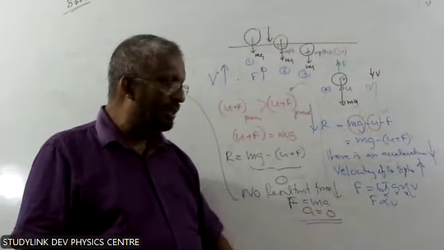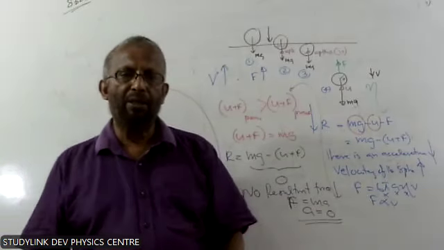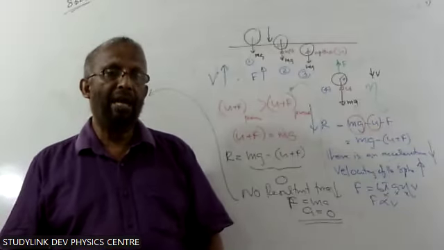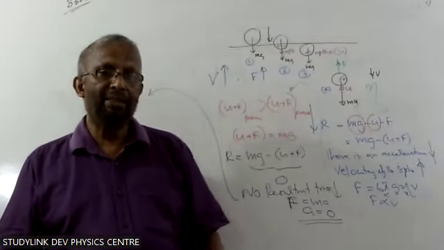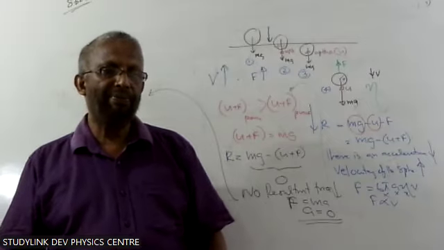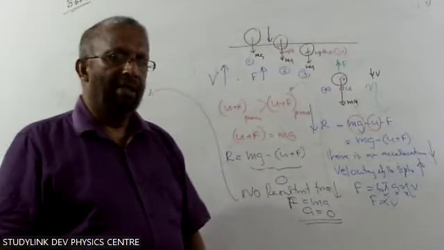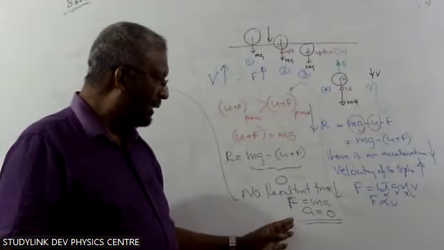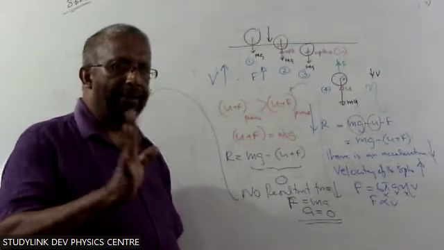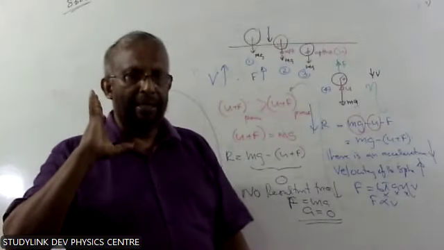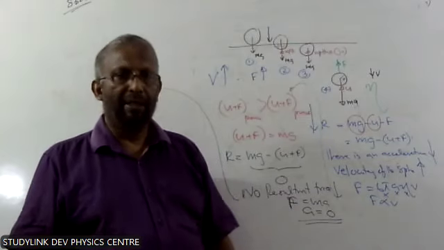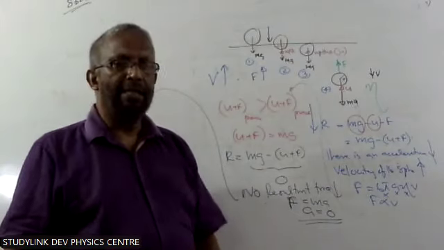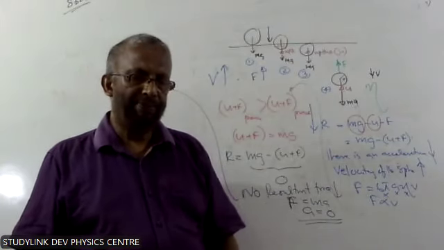This maximum velocity is called terminal velocity. So after reaching the terminal velocity, there is no further increase in the velocity of the sphere.